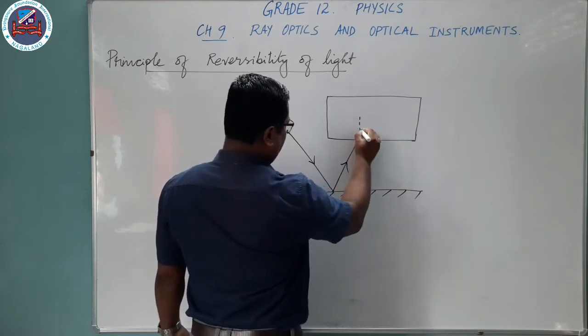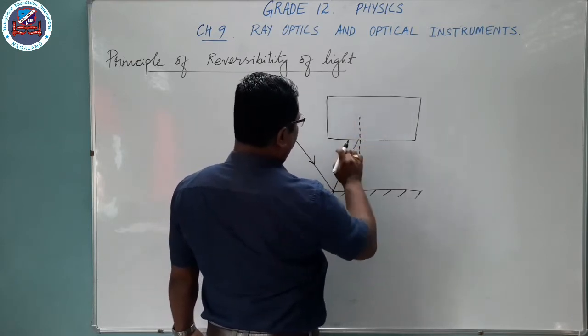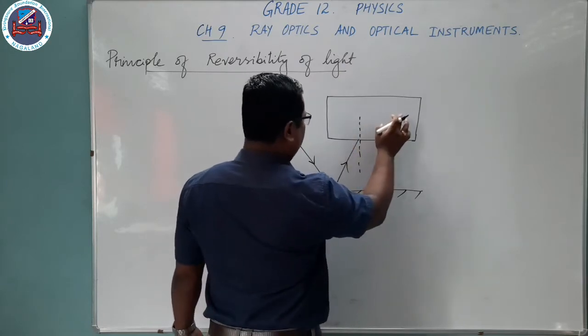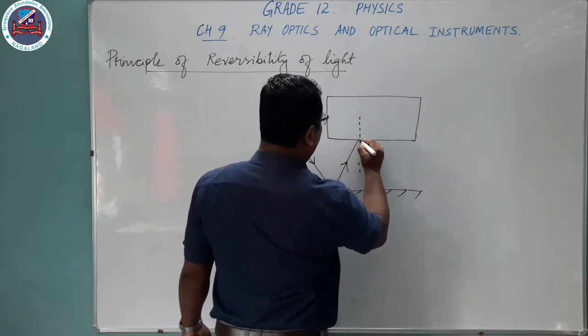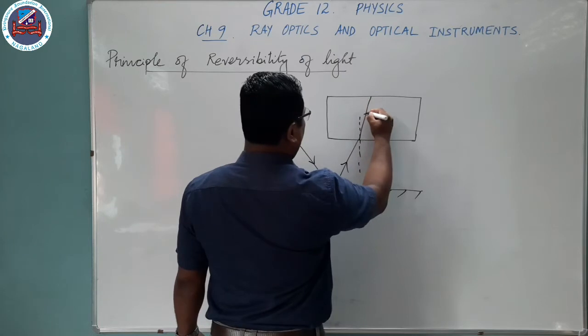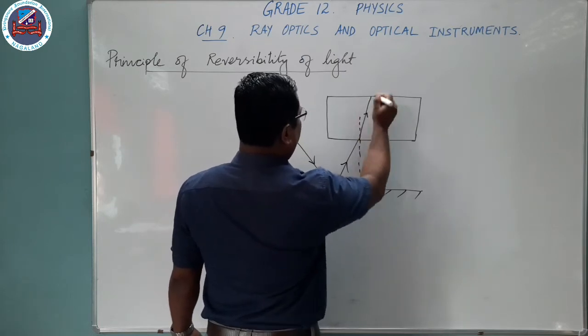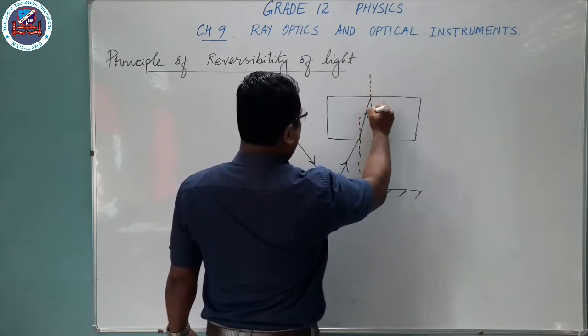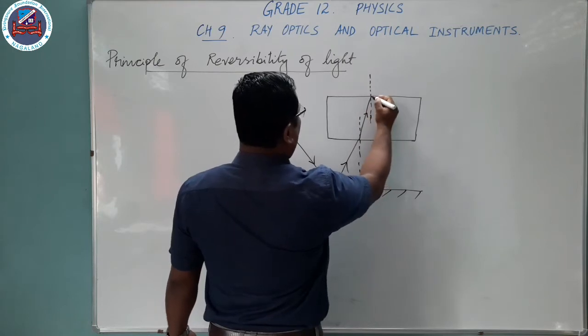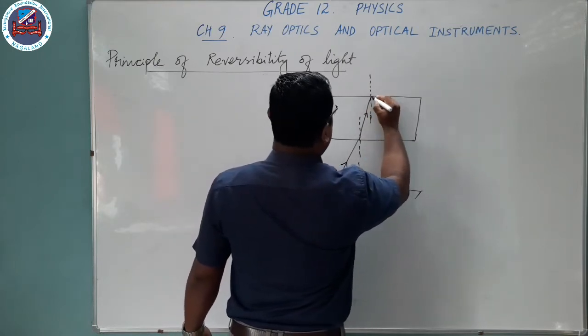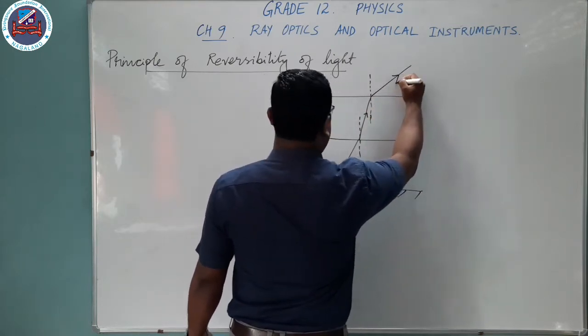Then if the light ray enters the glass slab from air to glass, it will bend towards the normal like this, instead of going straight. Again, if it comes out from the glass to air, it will go away from the normal.